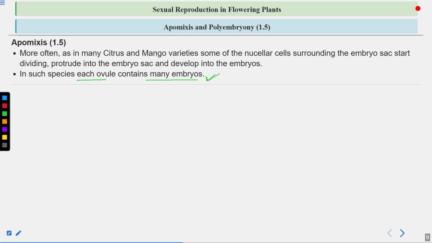In one ovule there can be many embryos, as in citrus and mango plants, where the nucellar cells divide and redivide and form an embryo. Such phenomena have been seen in citrus fruits and mango fruits. Very, very important. You must remember the species names.